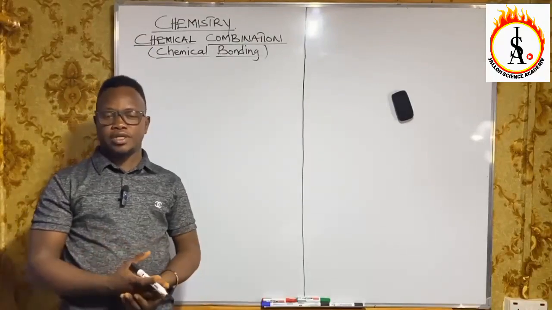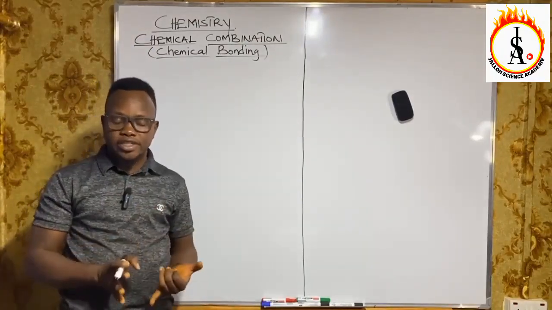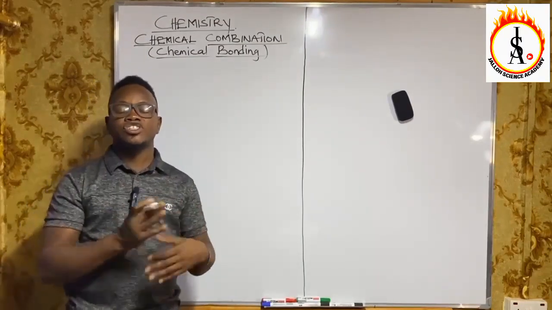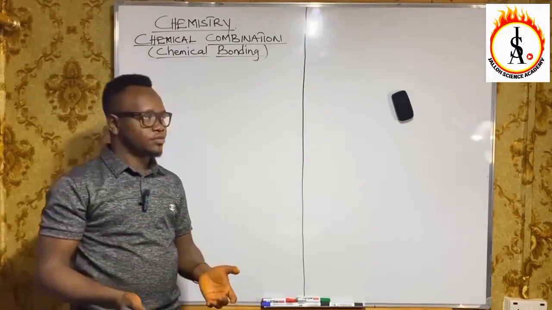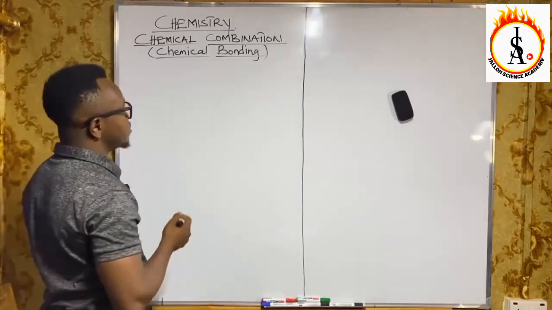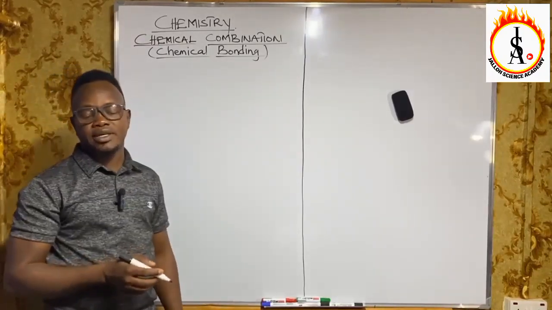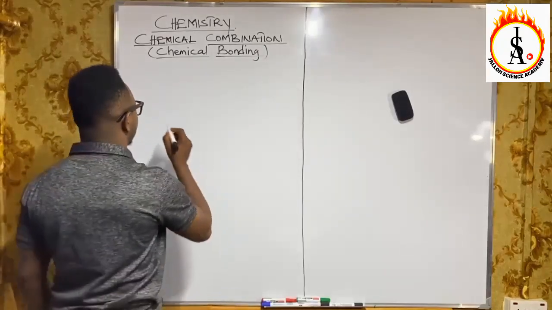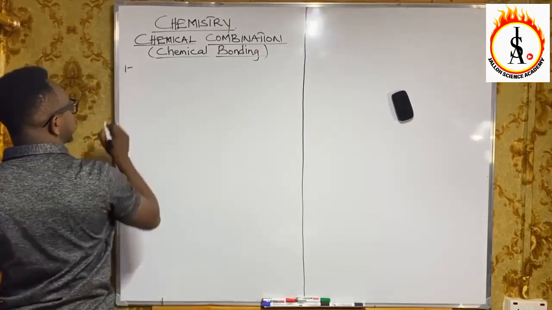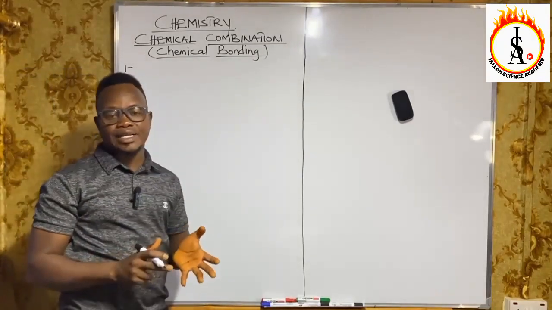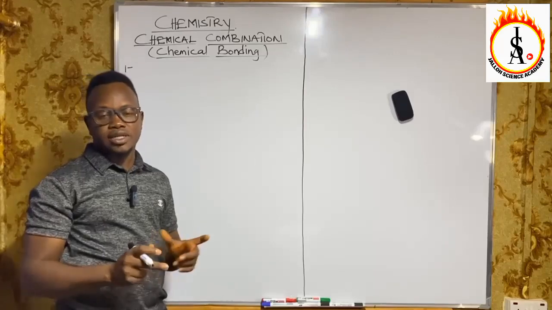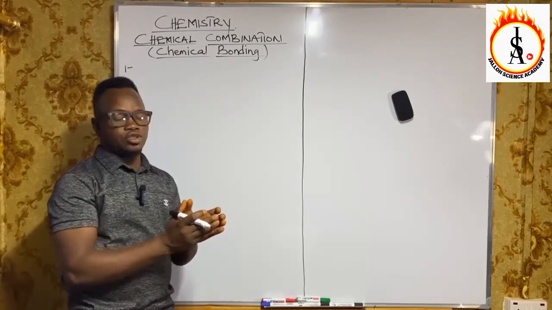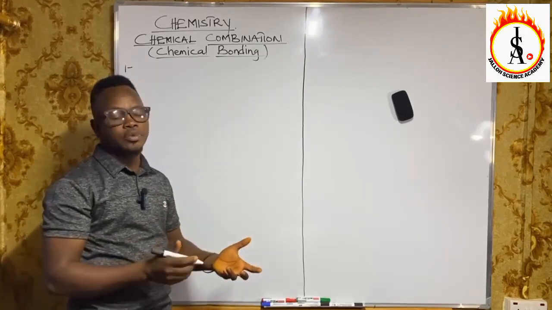Atoms bond with each other by either losing electrons, gaining electrons, or sharing electrons. So chemical bonding can be categorized into two. One, we look at the interatomic bonding, which tells us how bonds take place between atoms to form either molecules or compounds.